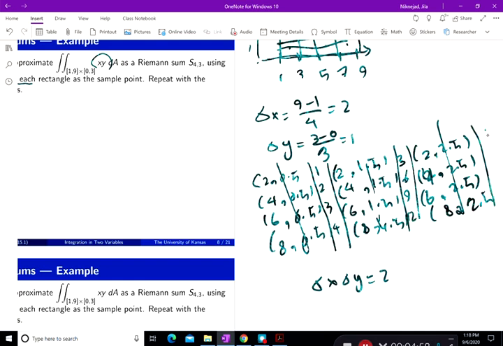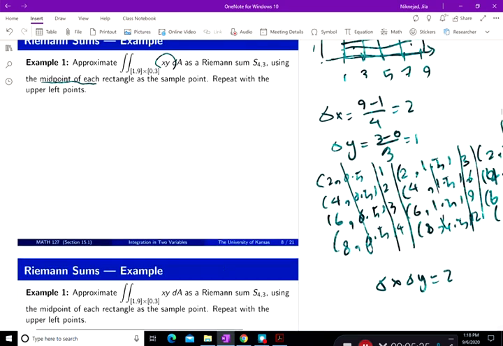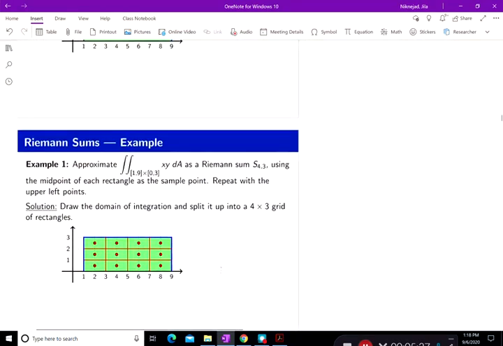The function is x times y, so you can find them all. Now it's basically the value of the function times 2, the value of the function times 2, and so on. You can factor the 2 out and add up all the values of the function to find the midpoint approximation. So that's how it looks.